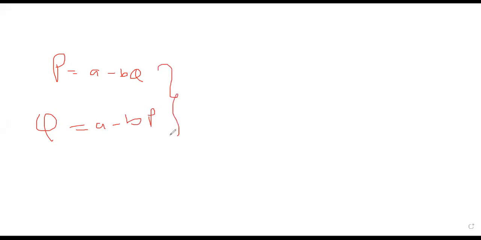So our A is called the y-intercept. The y-intercept is simply the cutting point on the y-axis. And the B is the slope, which is simply a gradient.